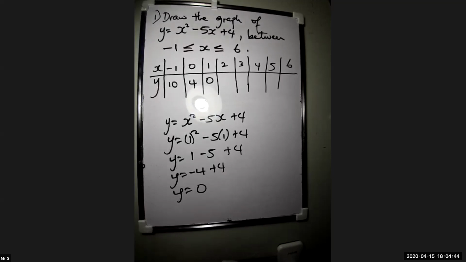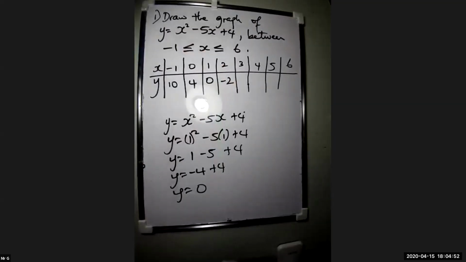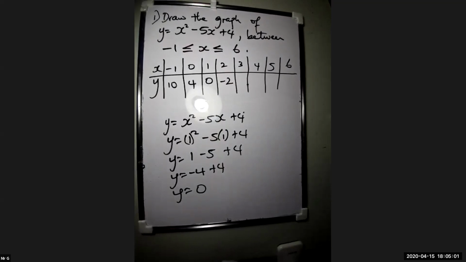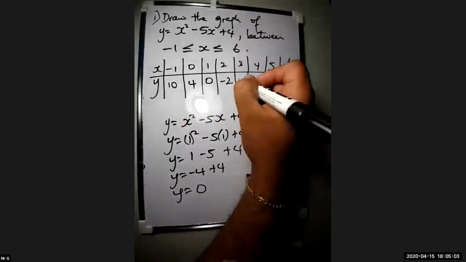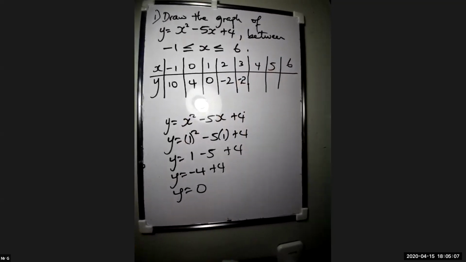Yes, Emily, you are correct. It's -2. When x is 3, Marie, tell me what you got. -2. Yes, Marie, you are correct. -2.